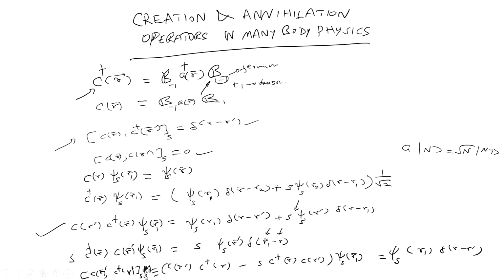When you act this s commutator on your wave function, you end up getting the delta function times the wave function that you put in here. It's not really a proof, because it's just a proof through example. It's not really a convincing proof, but it just tells you that it's plausible. Okay, so that's how it works.